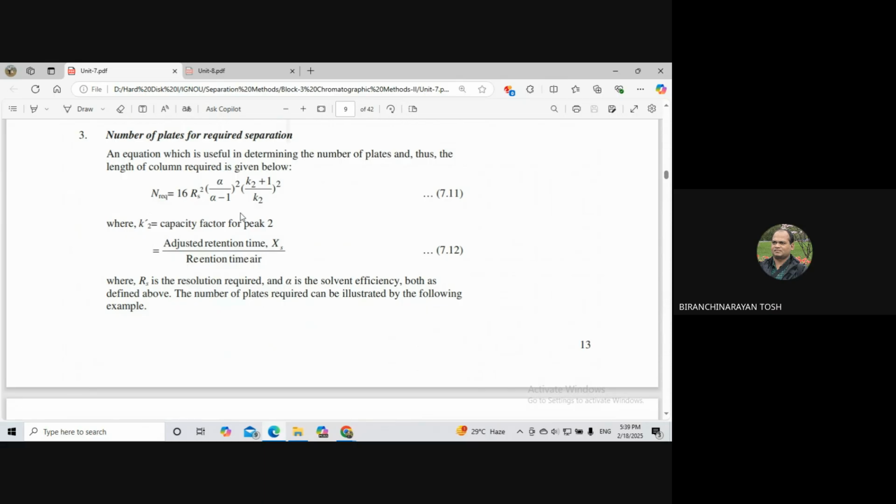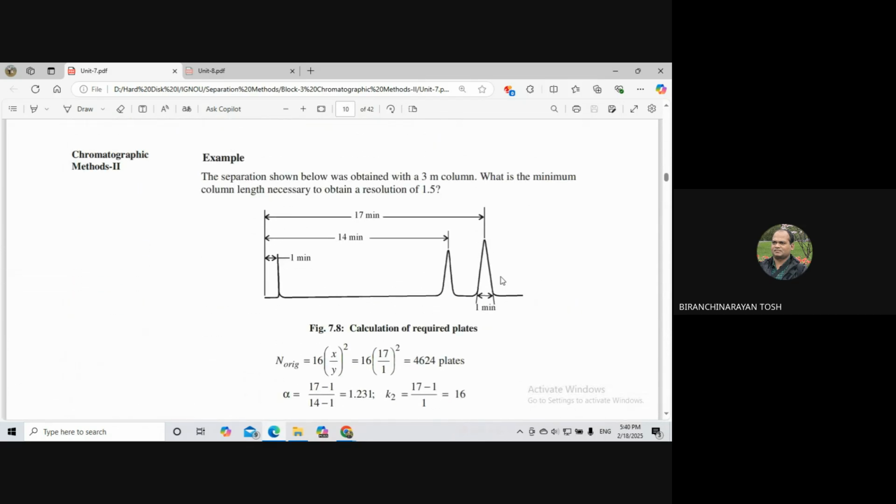So this is adjusted retention time upon retention time for air. Rs is the resolution required and alpha is the solvent efficiency. Both we have already defined. So the number of plates required can be illustrated in the following example. One example is given, you can see there.